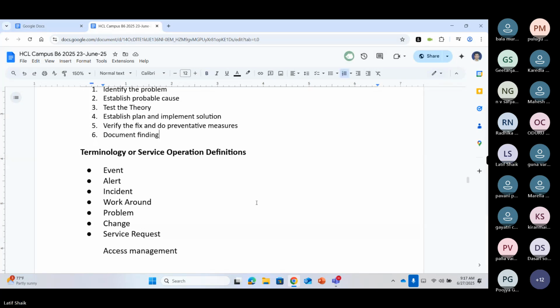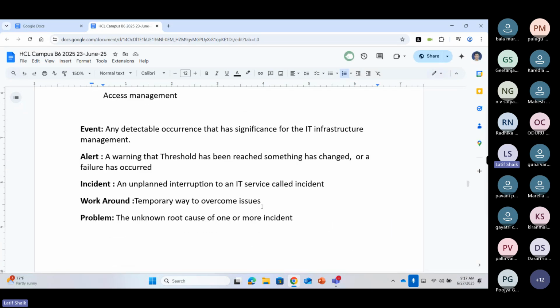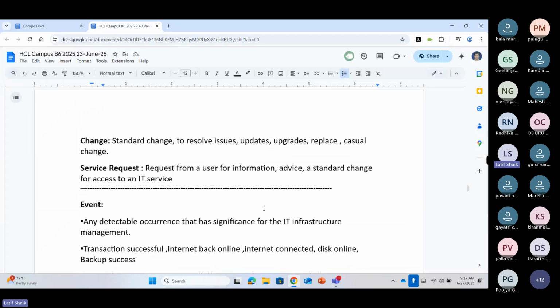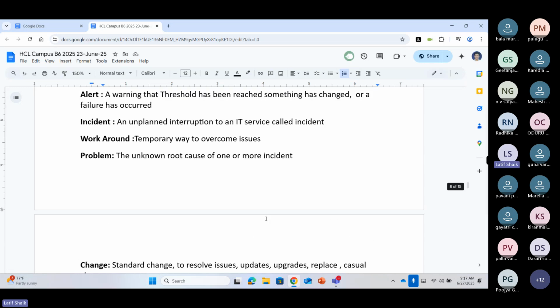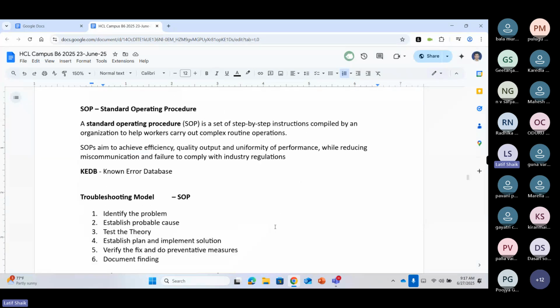Next, what are the different terminologies? We discussed what is event management, alerts, incident, workaround, problem, change, service request management, access management. So these are the different things we discussed. That is all important.